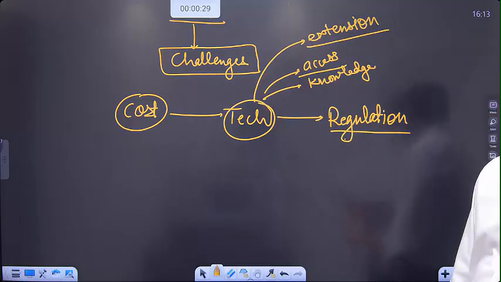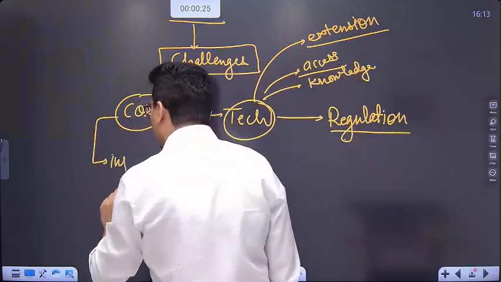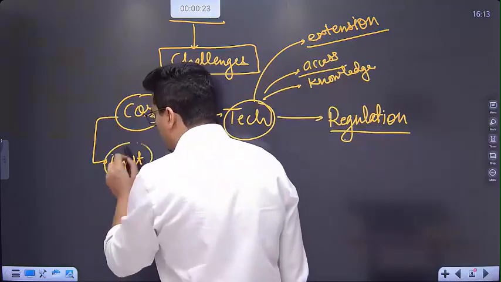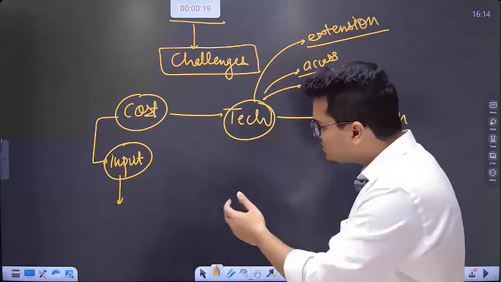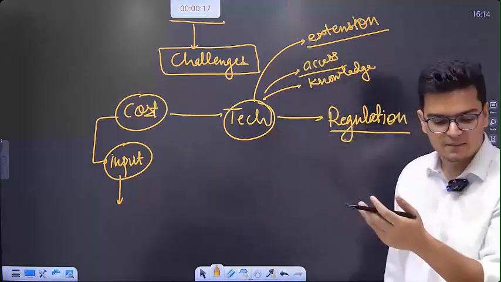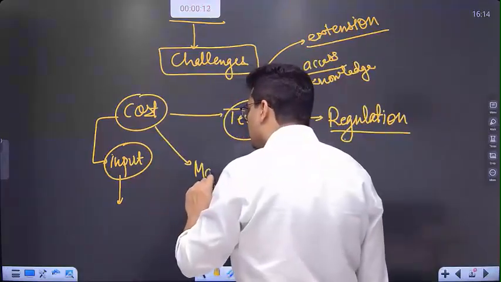In cost, every single input that is there in agriculture will have to be managed better. So there is a challenge in input in terms of high cost. There is also a challenge in terms of market opportunities that will exist.